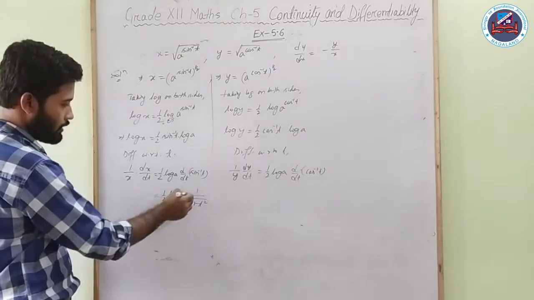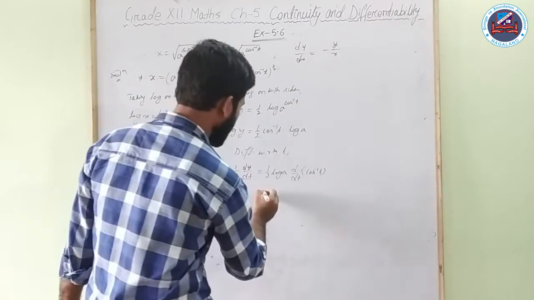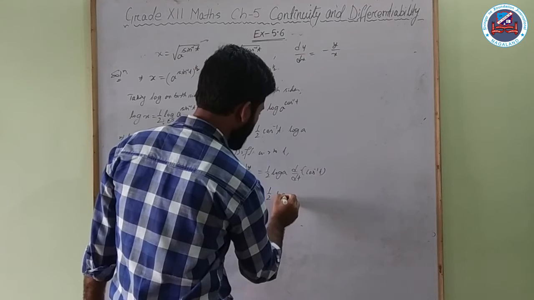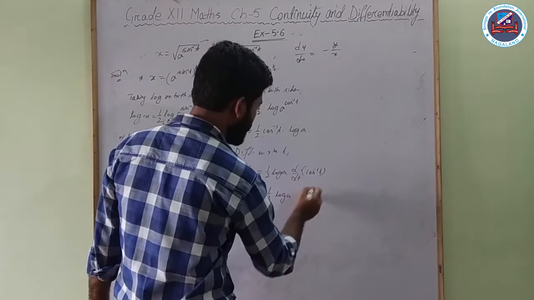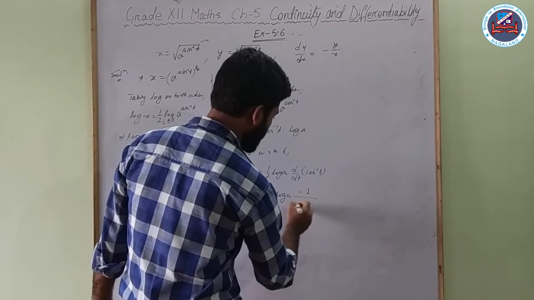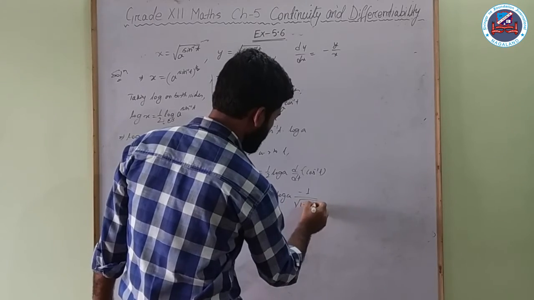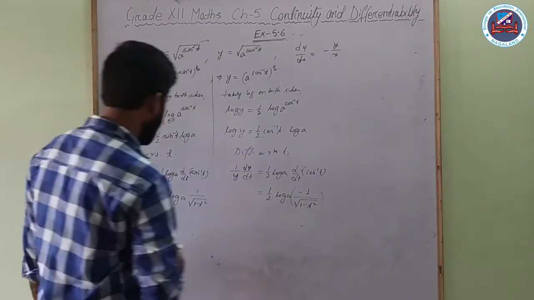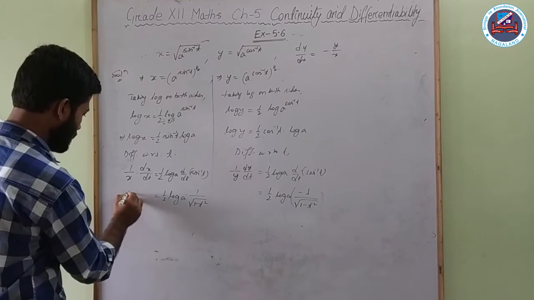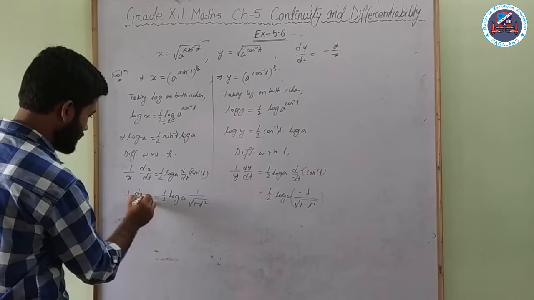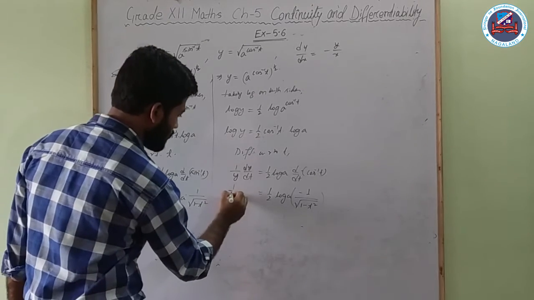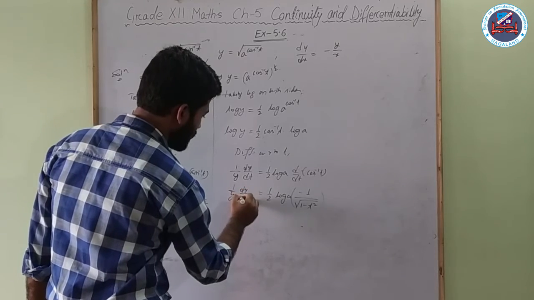You have got this in the previous videos, I have shown you how to find it. 1 by 2 log a, derivative of cos inverse t is minus 1 by root over 1 minus t square. Fine. Now this is 1 by x dx by dt, and this is 1 by y dy by dt.